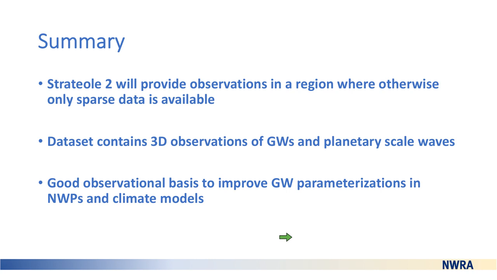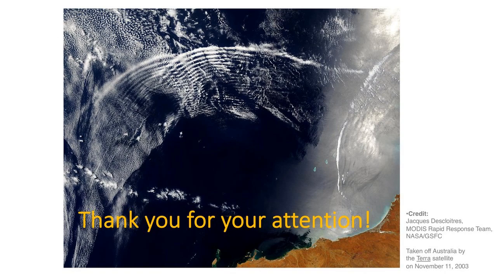The dataset will contain high-resolution 3D observation of gravity waves and planetary scale waves around the equator, and this will provide a great opportunity to improve parameterizations from different scales, ranging from the weather prediction scale to the climate models. Yeah, and with that, I thank you for your attention.